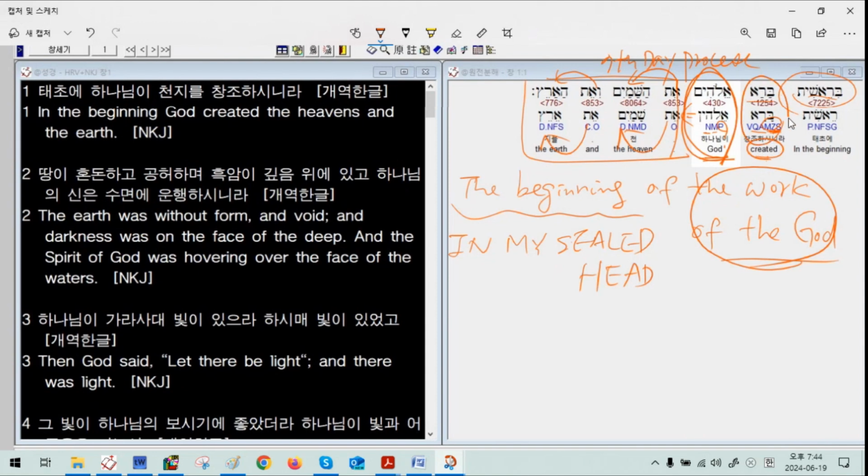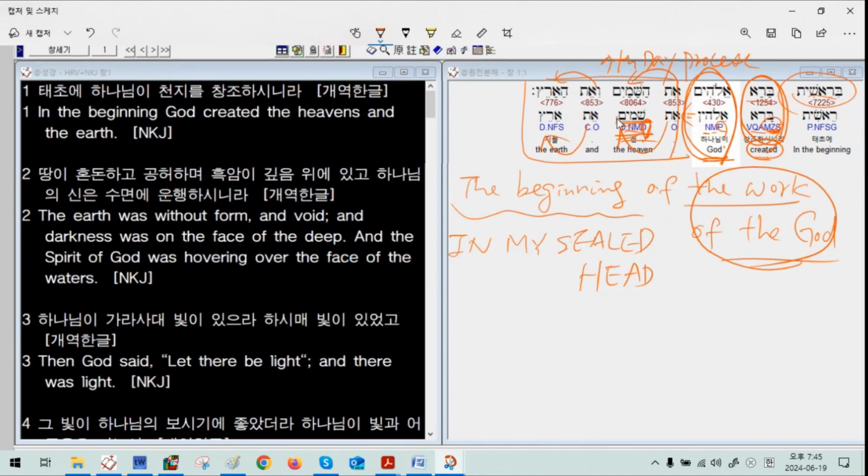Then what is the purpose of the work of the God? The purpose of the creation is the dual heaven, right? Heaven is two, dual heaven. So about the heaven, I already explained last class. So the meaning of the heaven also, right? And then two authority, two name, two master.